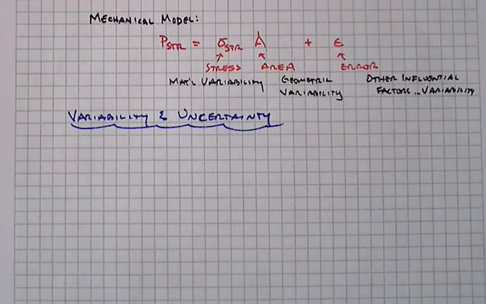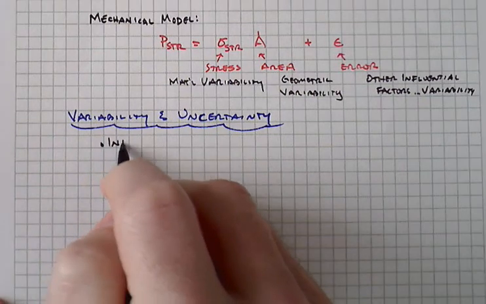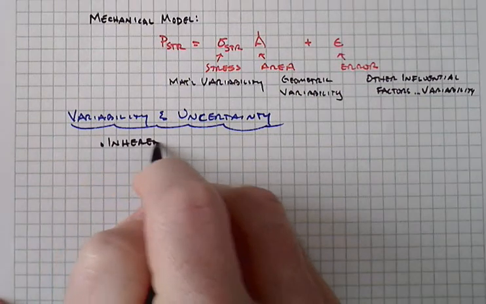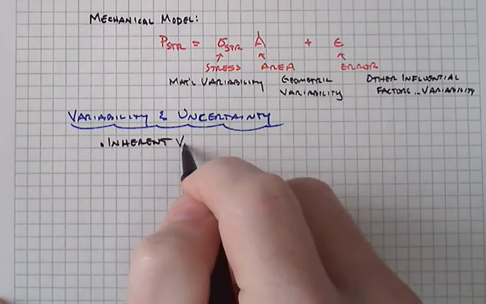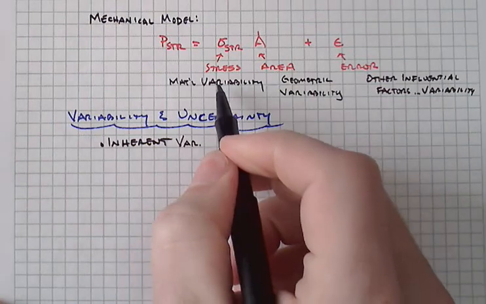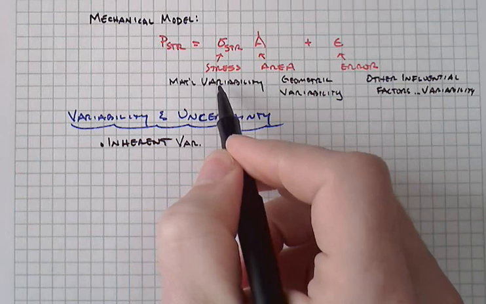One of them, which we've already mentioned, is inherent variability, such as we're going to get if we produce this material in polypropylene; we're going to get some natural variation in the material properties.